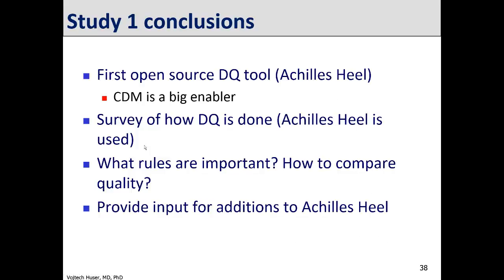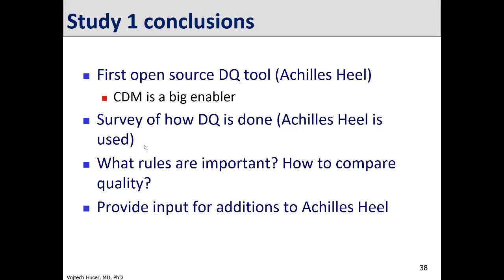So then, a short conclusion of the first study, and these are only for the purposes of priming for the next part of the talk, not all the conclusions we found. I have not presented, for example, the results of the data quality survey of how the different sites use it, for the reason that it's not fully published yet.